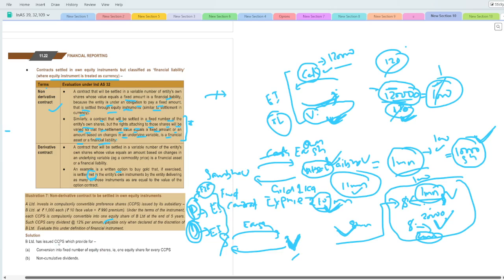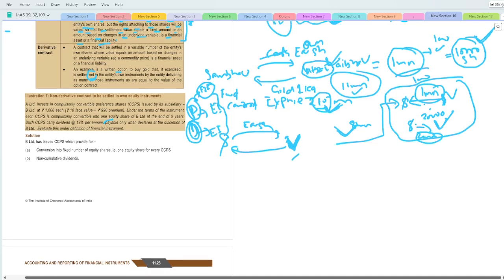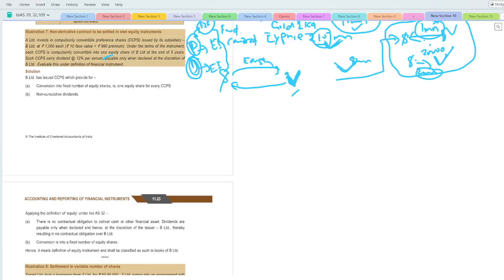So B Limited has issued the CCPS which provide for the conversion into the fixed number of the shares, that is the one equity share, and non-cumulative dividend. So applying the definition of the equity under the Ind AS 32, there is no contractual obligation to deliver the cash or the other financial asset.